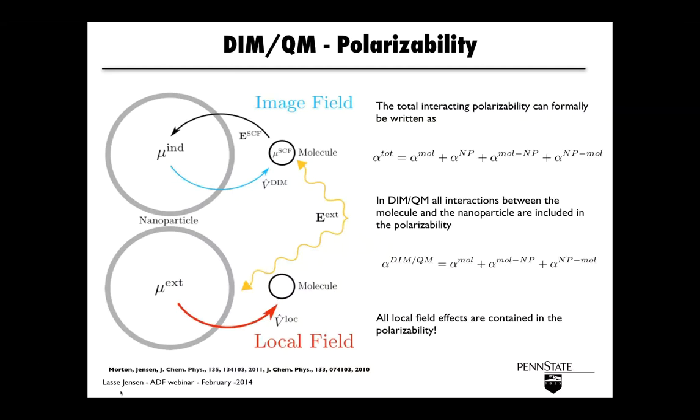This means every interaction is in fact self-consistent, so what you actually get out of the DIM-QM calculation of, for example, the polarizability, is the polarizability of the free molecule, whatever is induced into the molecule due to the nanoparticle, and what's induced into the nanoparticle due to the molecule. This means all local field effects are folded into the polarizability that comes out of the calculation.